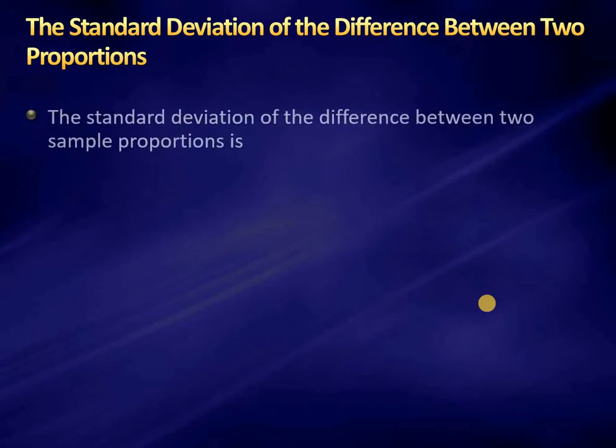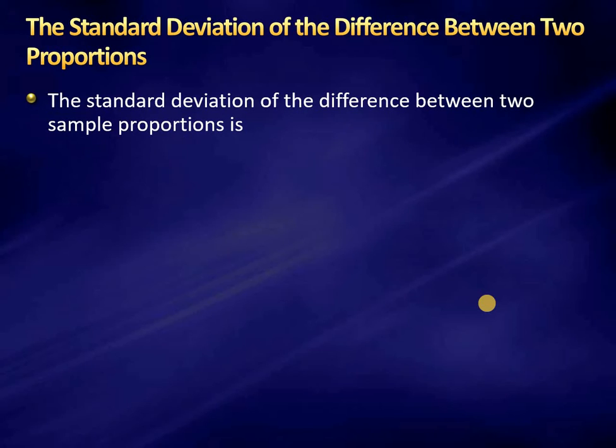Now, this should have been pulled from the textbook, very straightforward. When we're talking about the standard deviation of the difference between two sample proportions, it comes from the idea that if I'm talking about one group and I want to add to it another group, remember combining random variables?